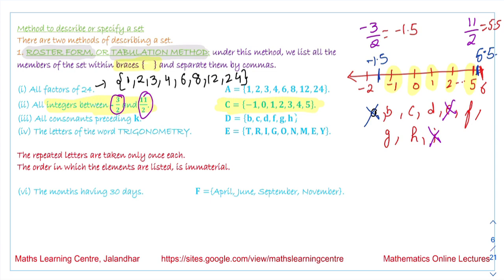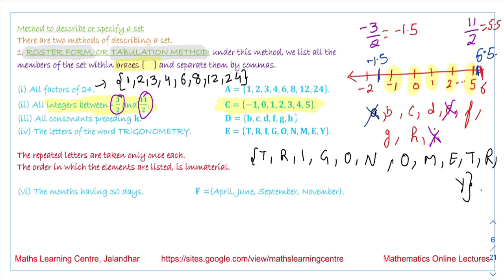Next we have the letters of the word trigonometry. If we list all these letters, we write T, R, I, G, O, N, O, M, E, T, R, Y. But it is important to note that repeated letters we write only once. When writing the collection, repetition is not allowed.